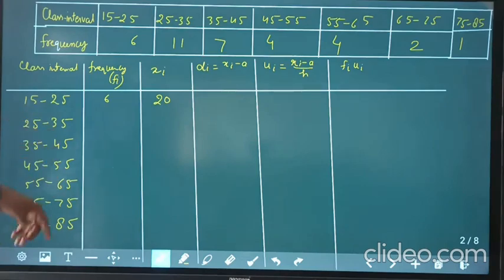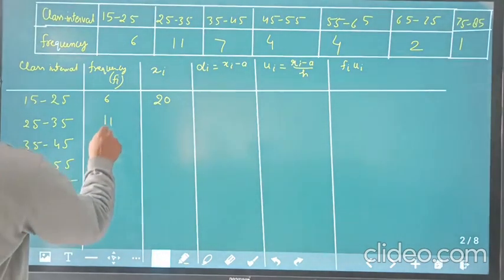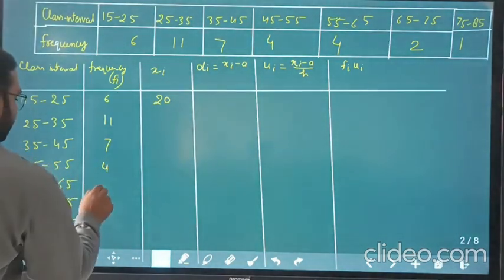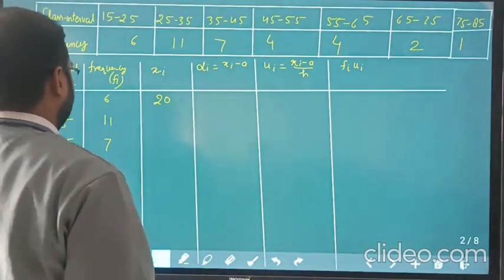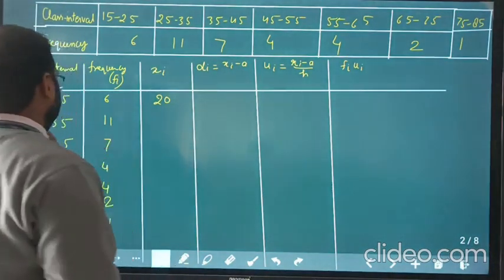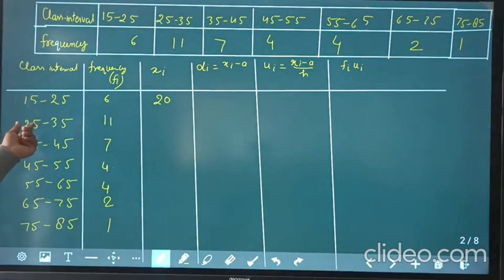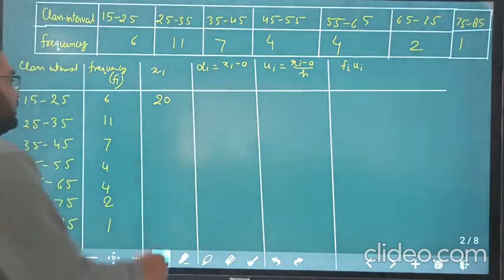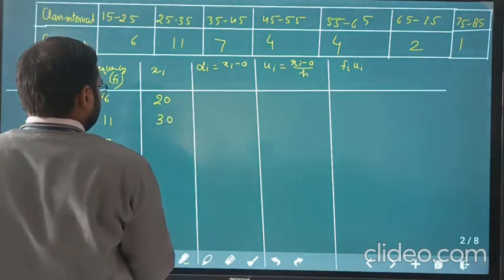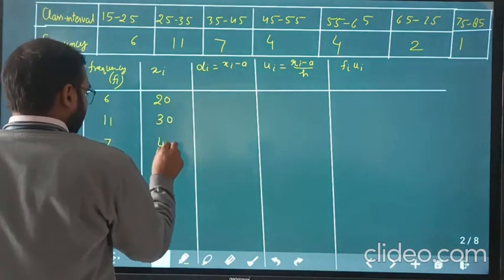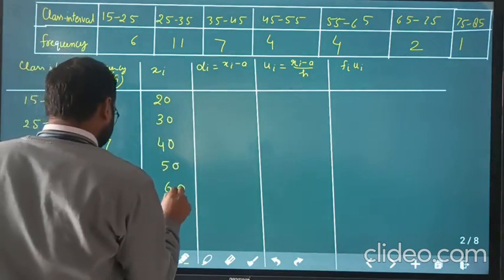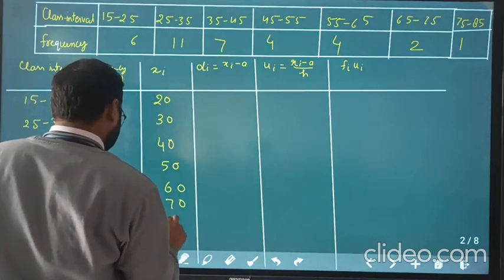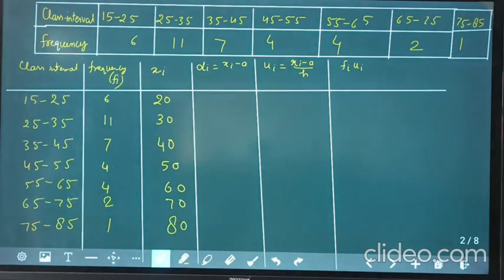So here the frequencies given are 11, 7, 4, 4, 2 and 1. Now the value of xi, 35 plus 25 is equal to 60, divided by 2 is 30. Now continuing the same, 40, 50, 60, 70 and 80 will be the xi.